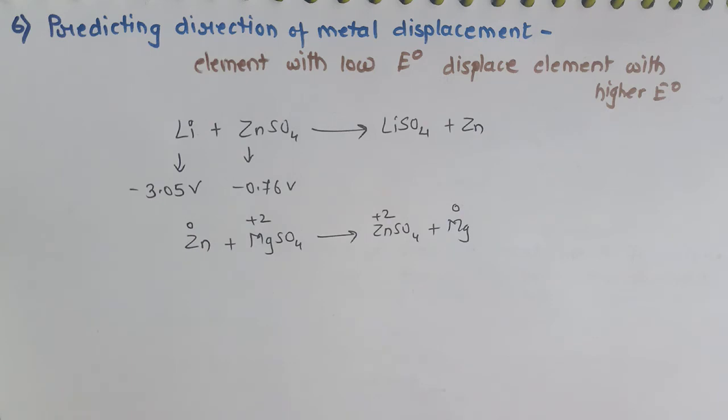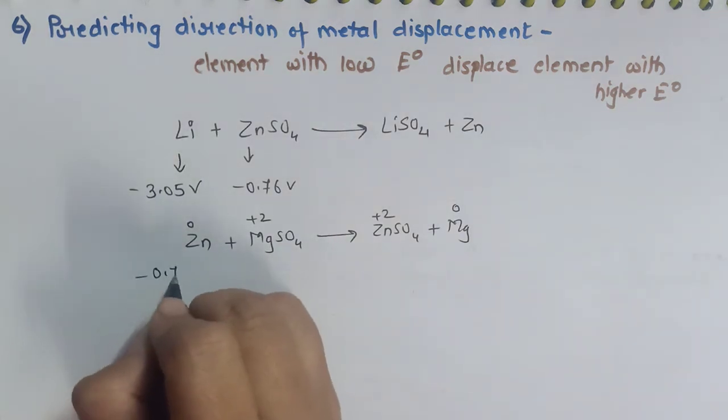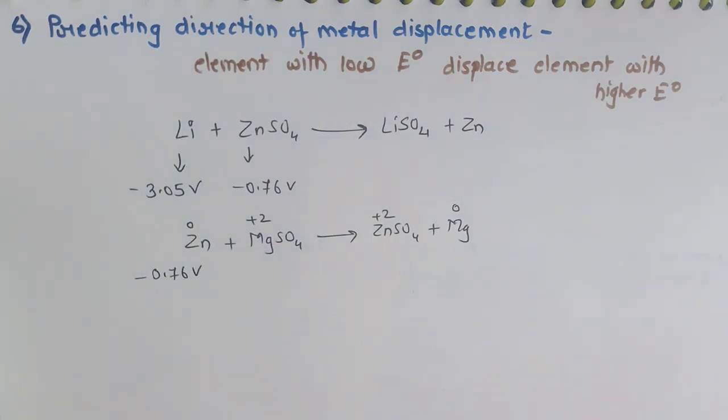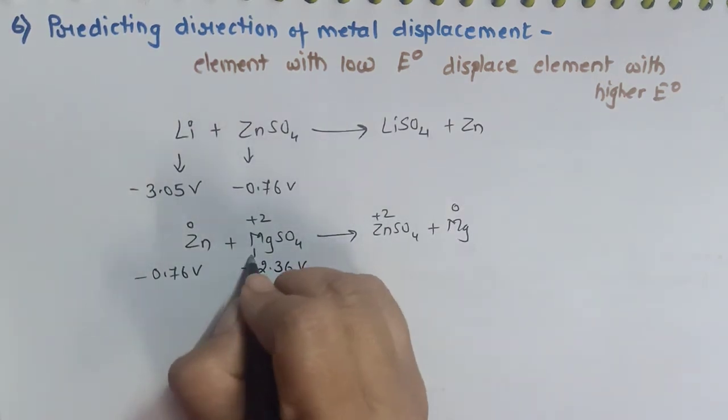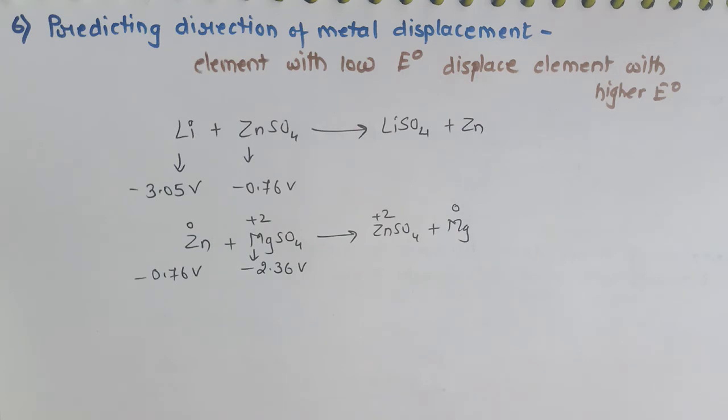For that we will consider the E naught values. E naught value of zinc is minus 0.76 volt and that of magnesium is minus 2.36 volt. Now magnesium has lower E naught value as compared to zinc, and therefore zinc will not be able to displace magnesium from its aqueous salt solution.